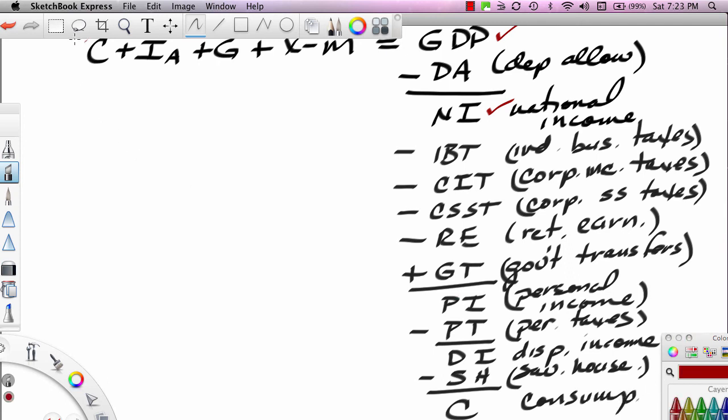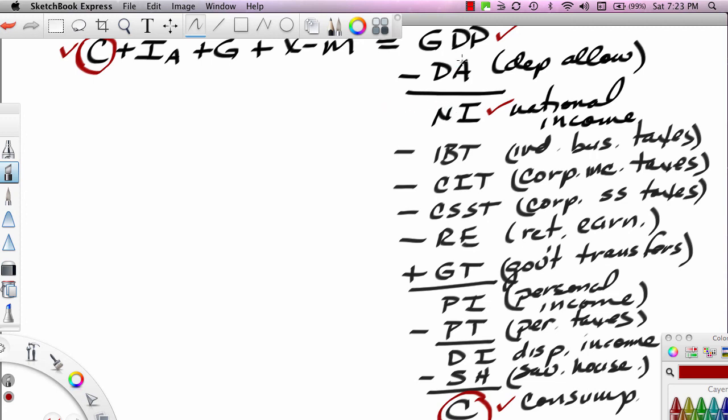Notice the model began way up here with consumption, and the model ends down here with consumption. In other words, we've gone around the complex circular flow. I'm actually going to show this to you very quickly. So we started with consumption and we end with consumption. And in essence, we've gone all the way around the complex circular flow.